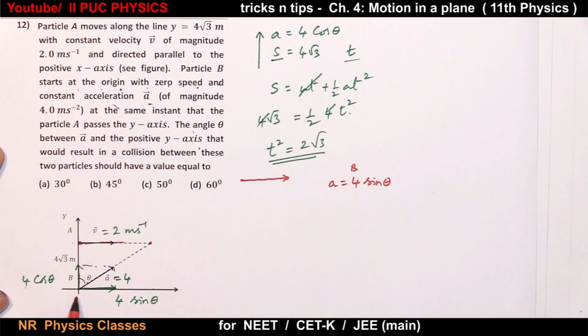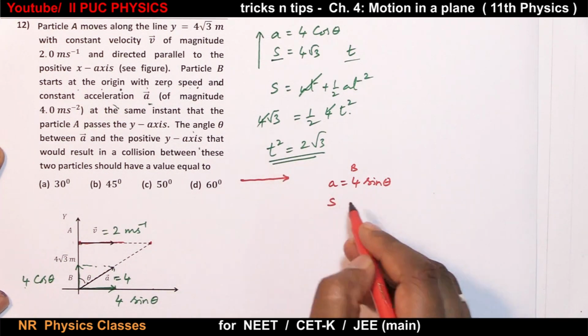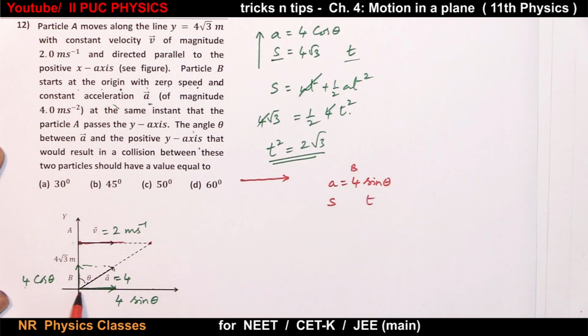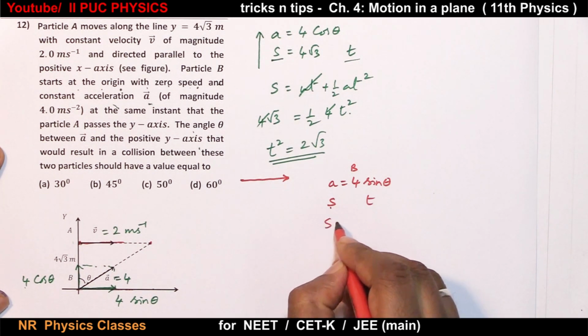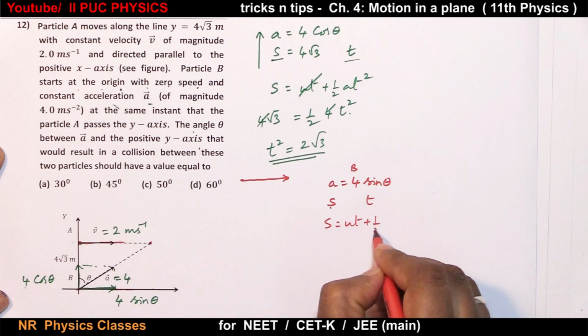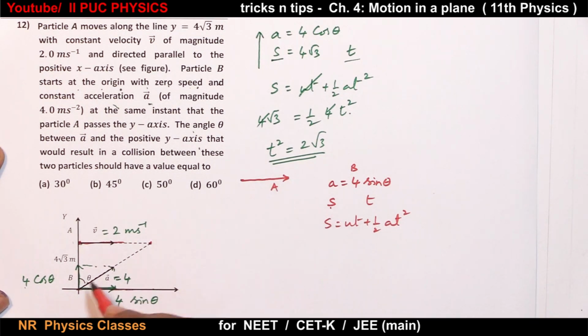Along the x-axis, distance traveled is s in this same time t. So along the x-axis, uniform acceleration. For uniform acceleration, s equal to ut plus half at square. Now for A, in this direction, uniform velocity.